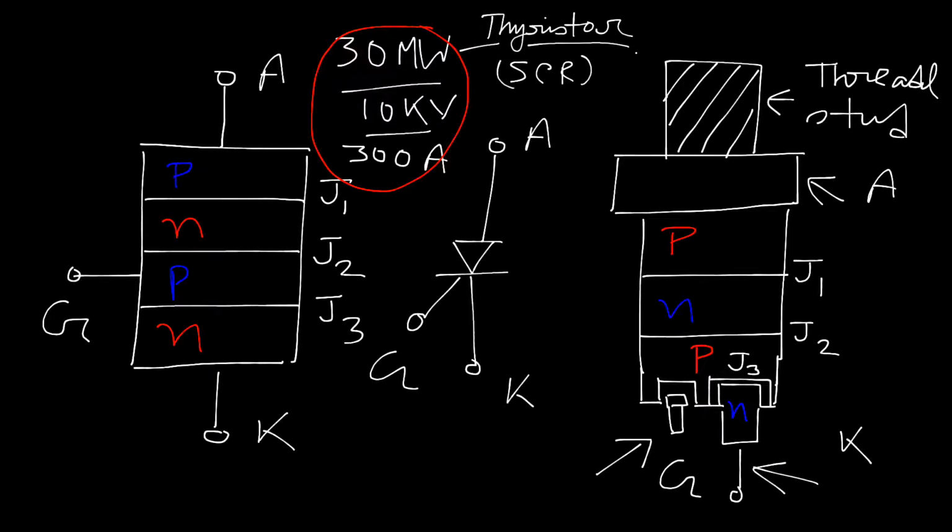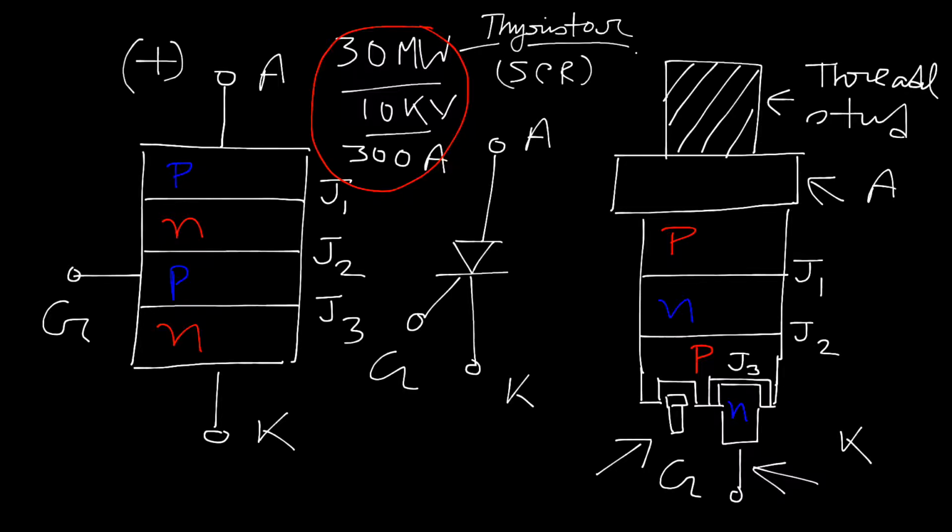Now, working principle. Listen very carefully. Here we cannot say the anode is positive and the cathode is negative. Here we can say the anode is more positive with respect to the cathode. Suppose the anode is more positive with respect to the cathode. Then the device is under forward biasing condition, as the current starts flowing from anode to cathode.